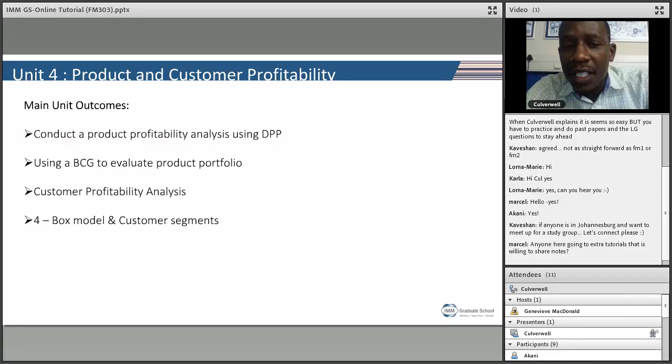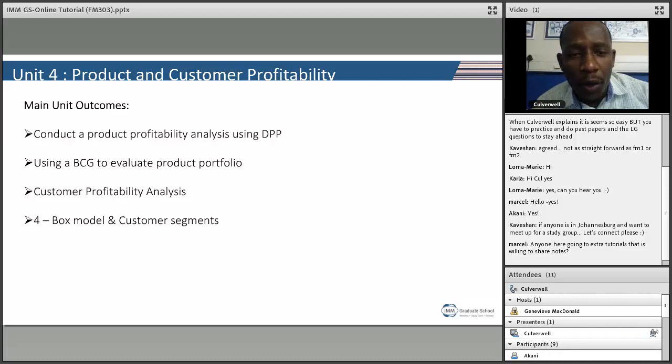But the interpretation and the calculation are almost exactly the same, but I'll stipulate what interpretation you would use when you are looking at direct product profitability, and also what one can use when you're looking at customer profitability analysis.